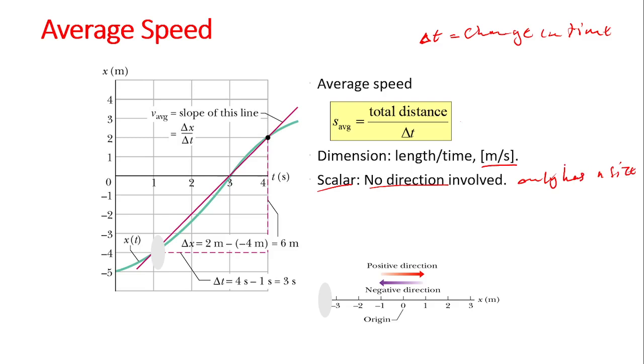So you need to understand that when you talk of the average speed, for example, in a case whereby a car moves, let's say the first time it moves 6 meters, and then it also moves another 6 meters.